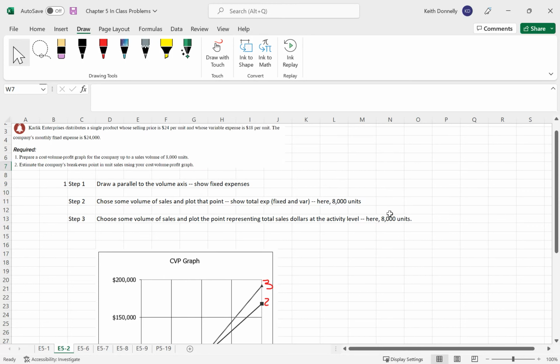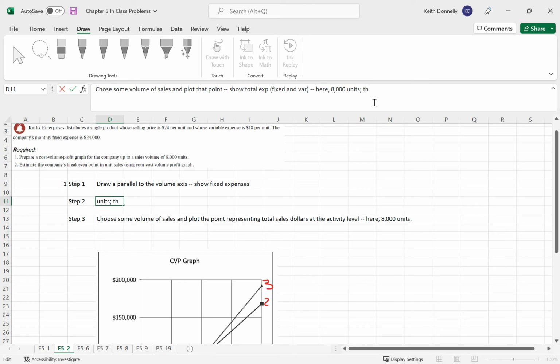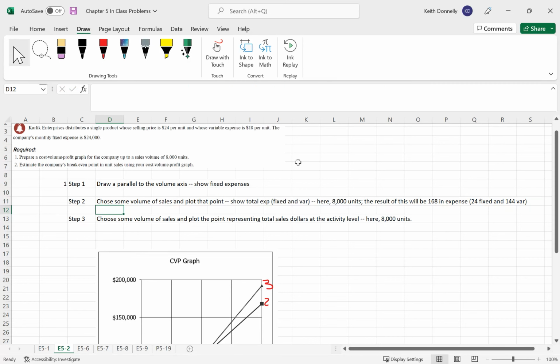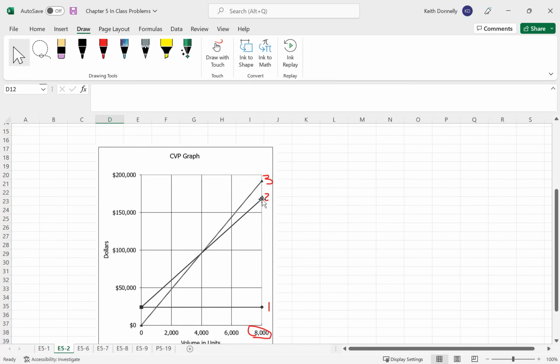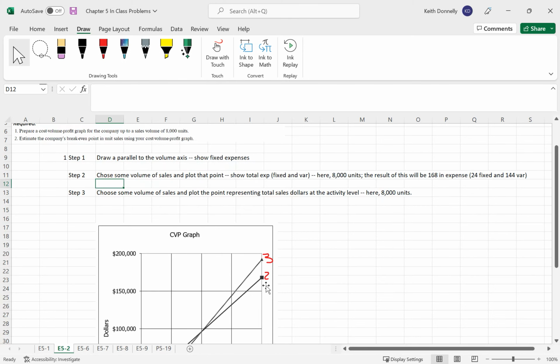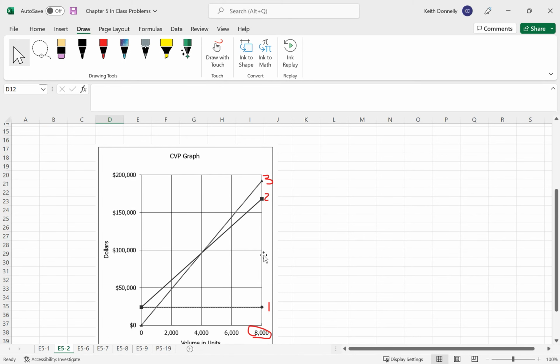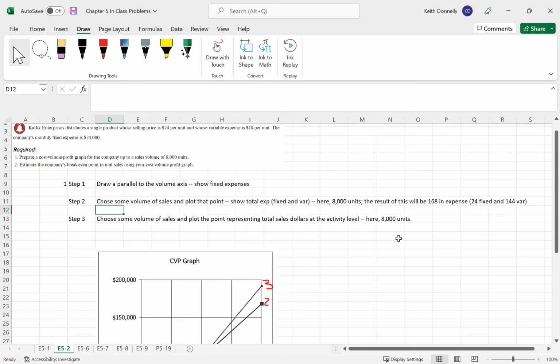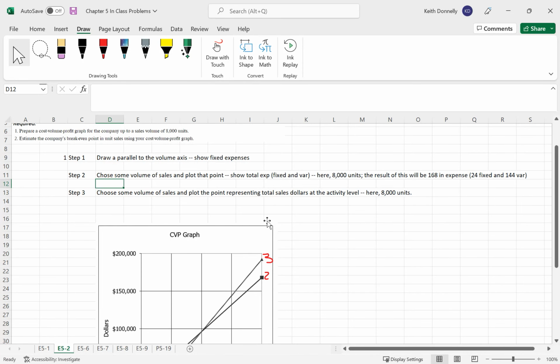But in step two, when we picked 8,000 units, the result of this will be 168 in total expenses, of which 24 are fixed and 144 are variable. So step two, right here, here's the 24 that are fixed, and the 144 that are variable.